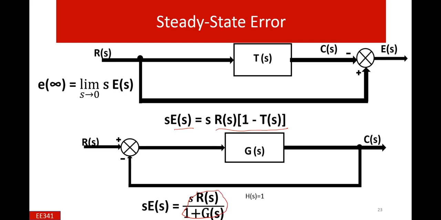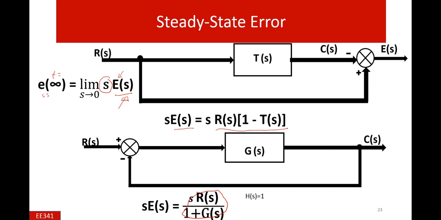If we substitute these error signals in this relation and find the steady state error, which is the error in the time domain at time equal to infinity, then in the frequency domain we just apply the final value theorem, so it is s times the error signal. So up to here we have found the steady state error in terms of the closed loop and open loop transfer functions.